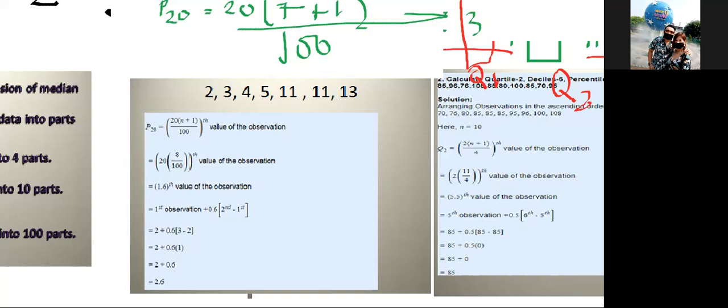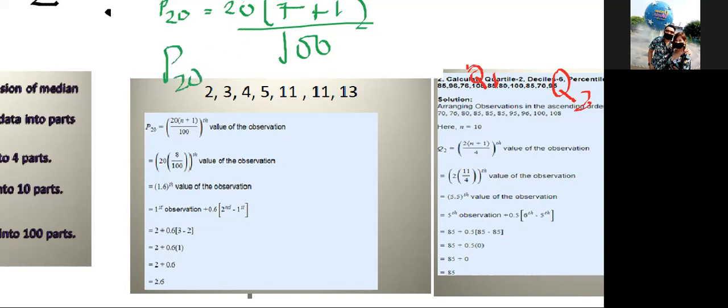I use 100 because we are trying to find the percentile, and in percentiles we use 1 to 99, dividing the data into 100 equal parts. Okay, so simplifying it further, I will not take too much time for this. 20 times 8 is 160, so we'll just do the maths here.